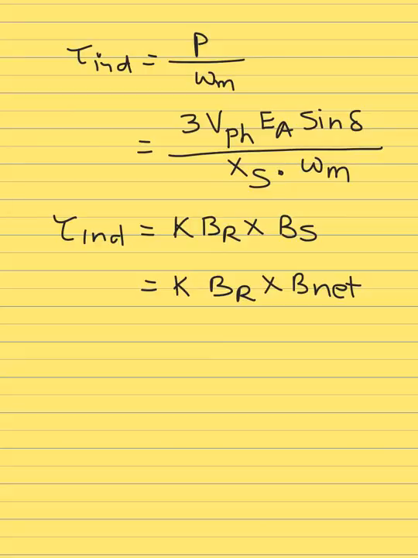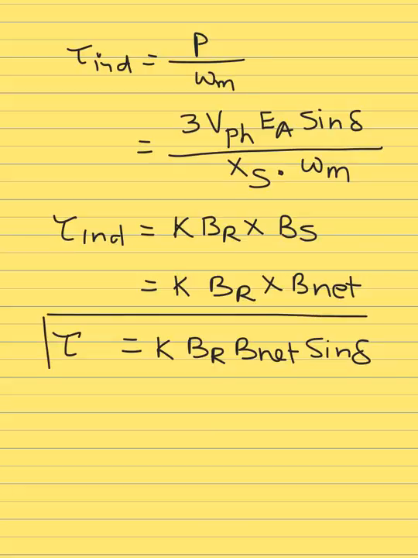Again, here delta is the angle between BR and B net, so that gives us K BR B net sine of delta as the torque induced in the synchronous alternator. So this is true as well: delta is the angle between BR and B net. Okay, so that's about the synchronous alternator, and now we're going to discuss an example on it.